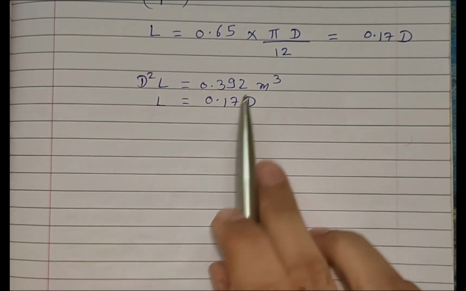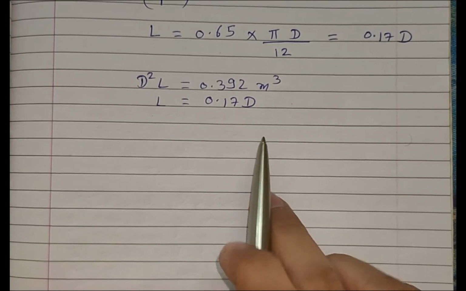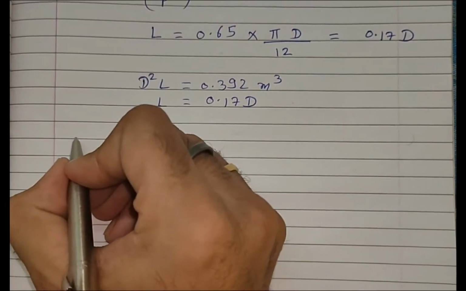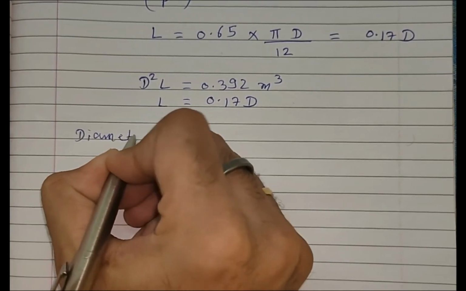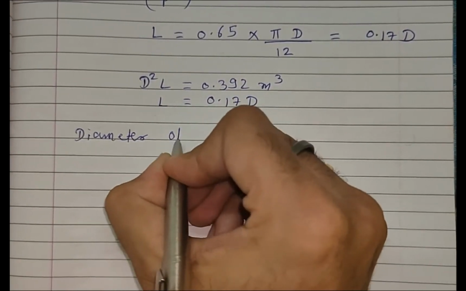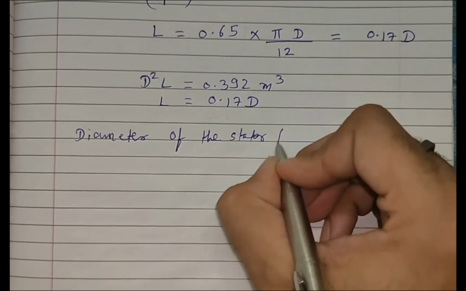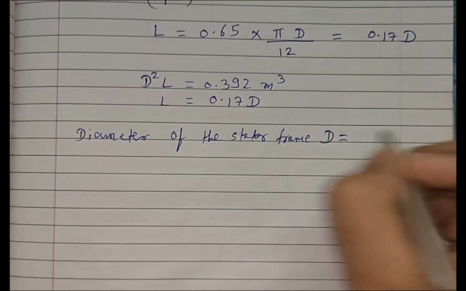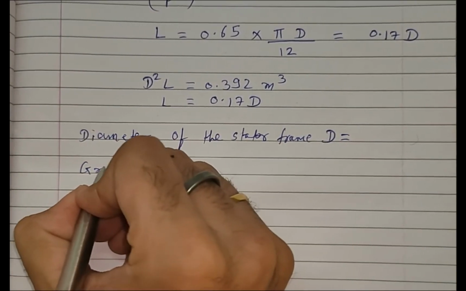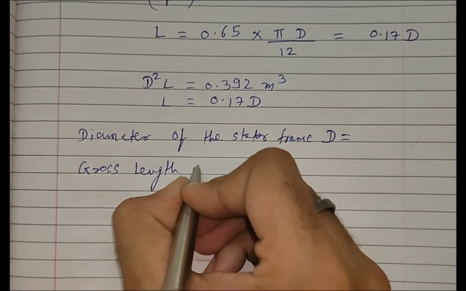So using both these equations, we can solve and find out the diameter of the stator frame as well as the gross length of the stator frame.